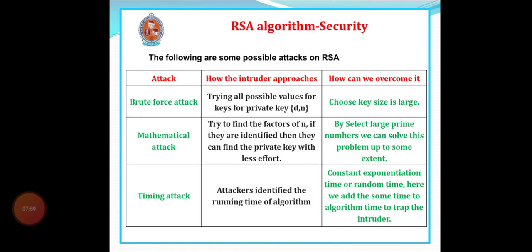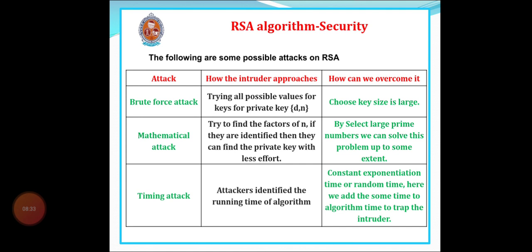And now the third type of attack is a timing attack. Here the attackers will identify the running time of the algorithm. If the attackers identify the running time of the algorithm, they can do damage to our message, to the security. So to overcome this, we use constant exponentiation time or random time. Here we add some time to our algorithm to trap the intruder.